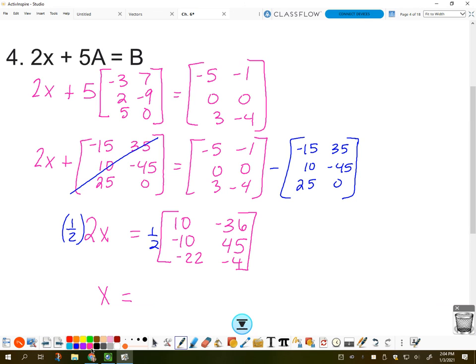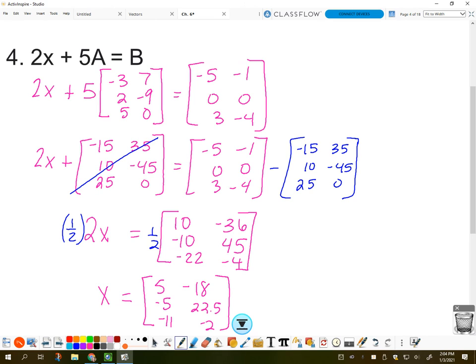So all of the elements here just get cut in half. So it's 5, this would be negative 18, this would be negative 5, this would be negative 22... no, 22.5, I don't know what I was thinking. This would be 11, and this would be negative 2.